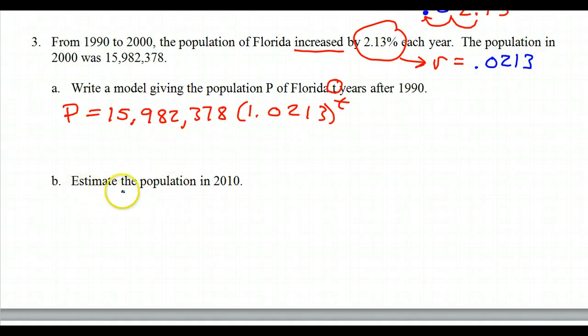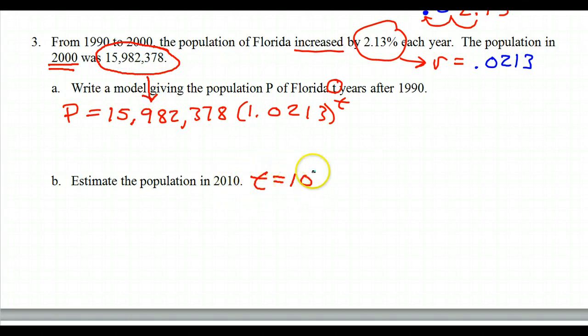So if I want to estimate the population in 2010, since 2000 is where this initial amount came from, then 2010 is 10 years later. In other words, t is equal to 10. It's 10 years after the initial amount.